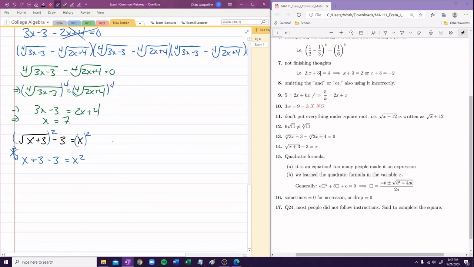Let me think of an example. I guess we can just do x equals 0. If I do it over here, looking at this equation, I'll get the square root of 3 minus 3 is equal to 0.